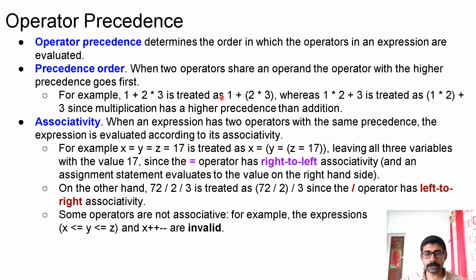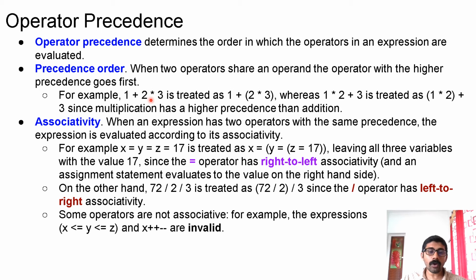So it will be treated as 1 + (2 * 3). So 2 * 3 will be evaluated first, then addition will happen. Whereas 1 * 2 + 3 will be evaluated as (1 * 2) + 3, because multiplication has higher precedence. So precedence order will help you to resolve the ambiguity when the operators have different priority levels.